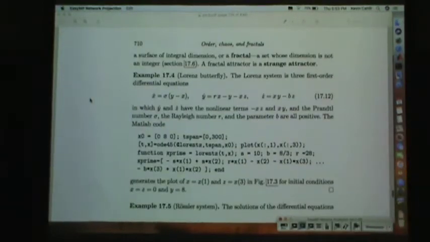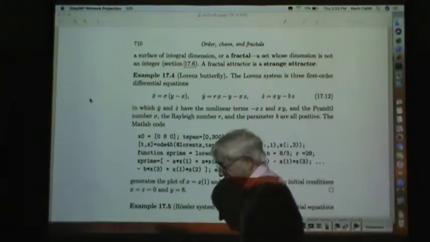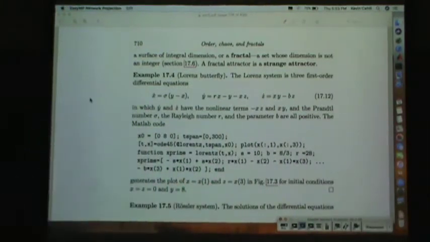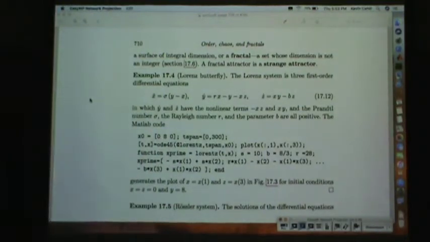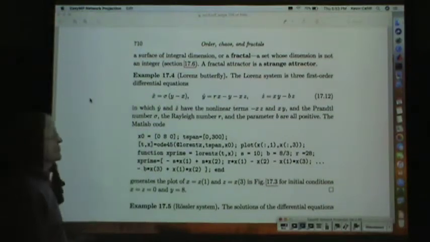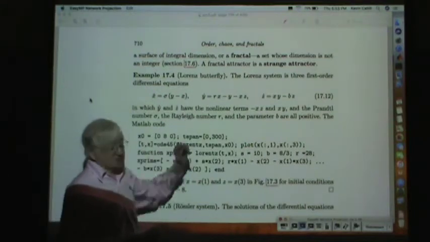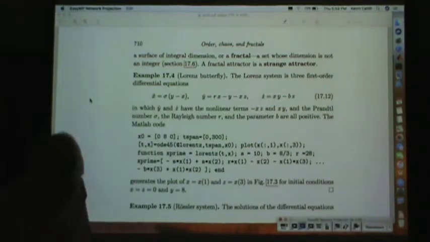Namely, it can be a surface of integral dimension, or it can be a fractal, which is a set whose dimension is not an integer. And somebody in the field of modern mechanics was clever enough to call a fractal attractor a strange attractor.